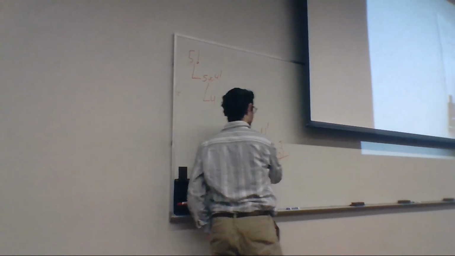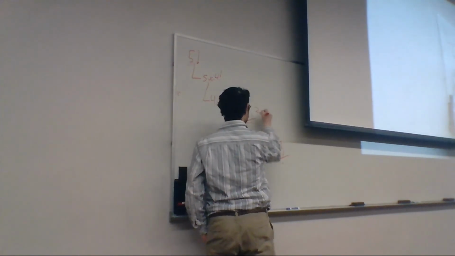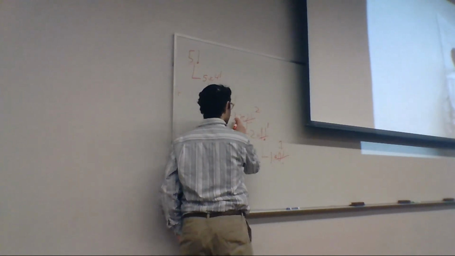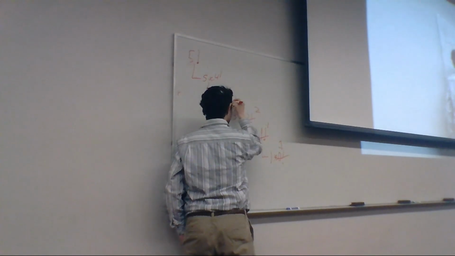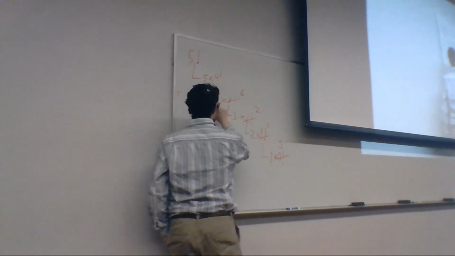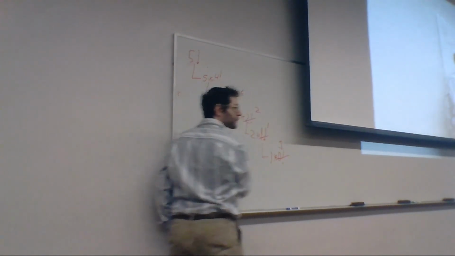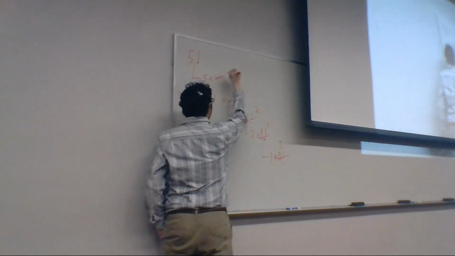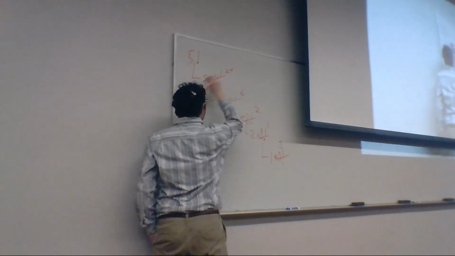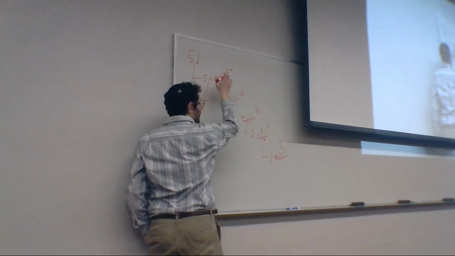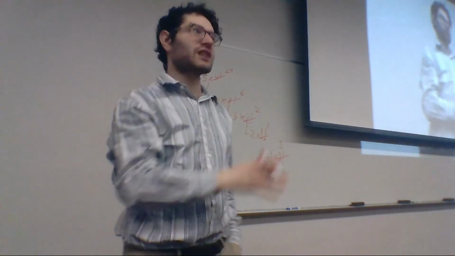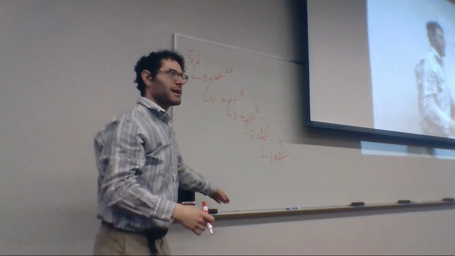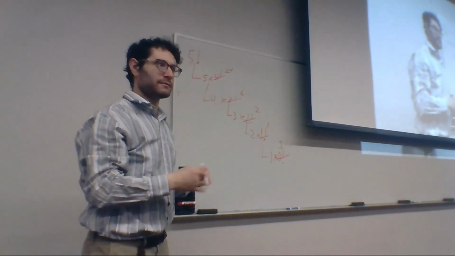So 2 factorial is the result of 2 times 1, which is 2. 3 factorial, we then do 3 times 2, which returns 6 as the answer for 3 factorial. Then we do 4 times 6, which returns 24 as the answer of 4 factorial. And then we do 5 times 24, which returns 120 as the answer of 5 factorial. So essentially, we dig our way all the way to the bottom, and then we pass our answers back up.